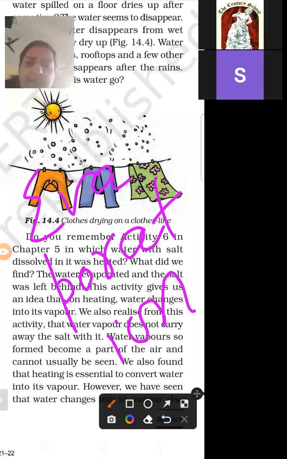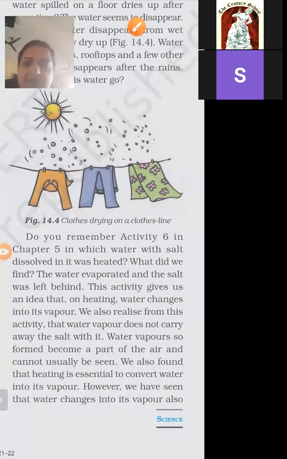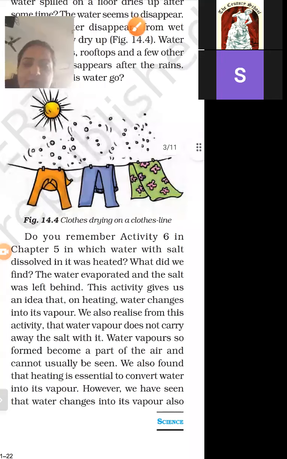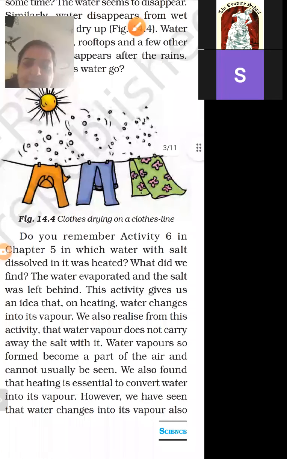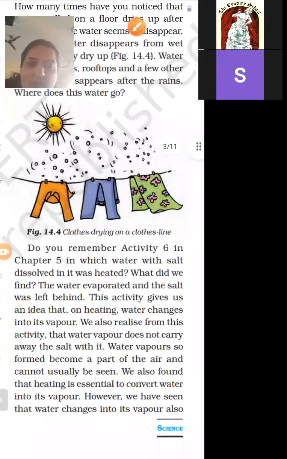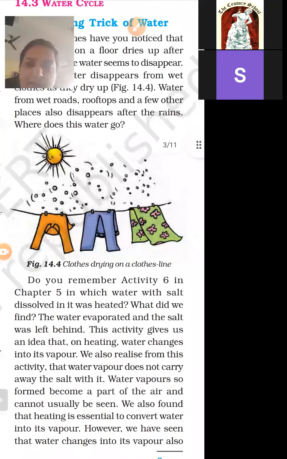When we heat liquid, it will change into water vapor, and this process is called evaporation. So due to evaporation, our clothes dry.